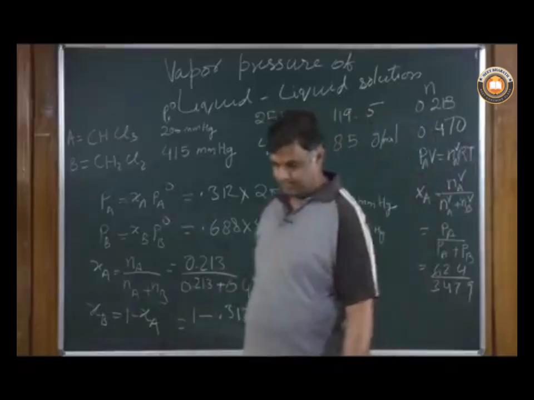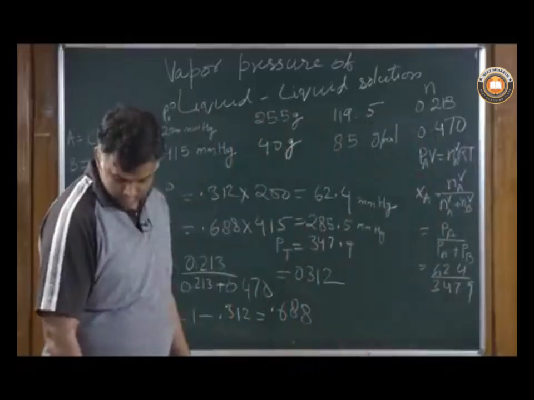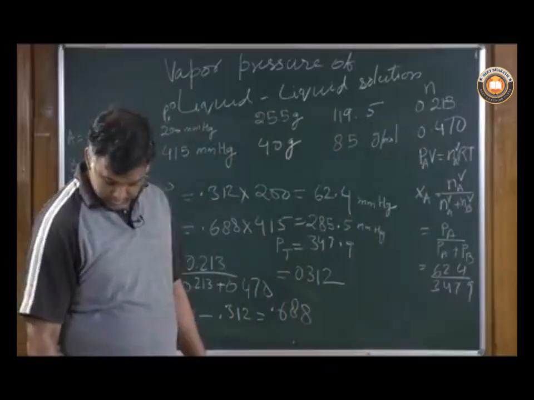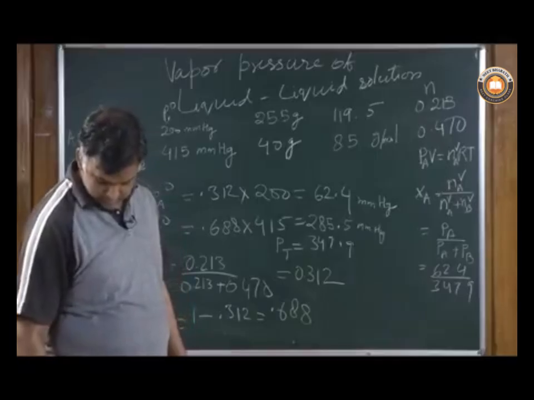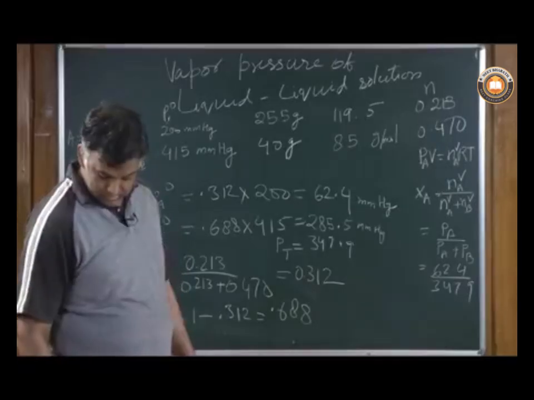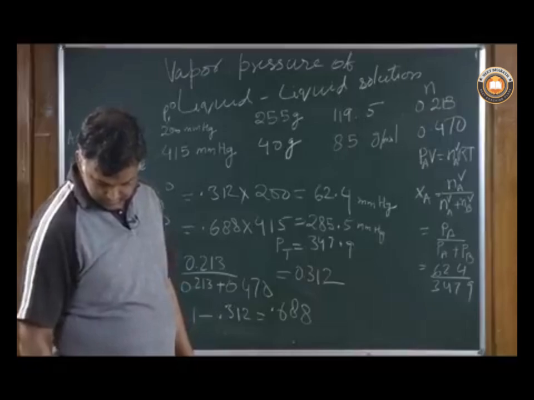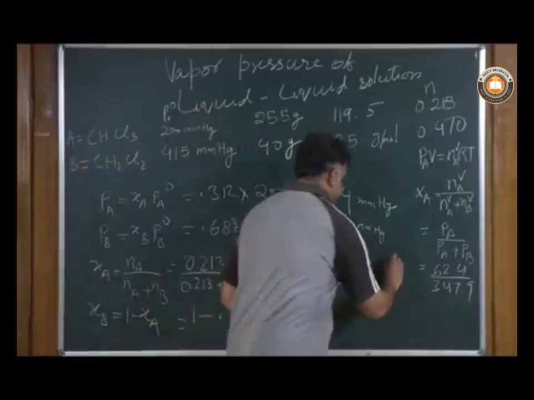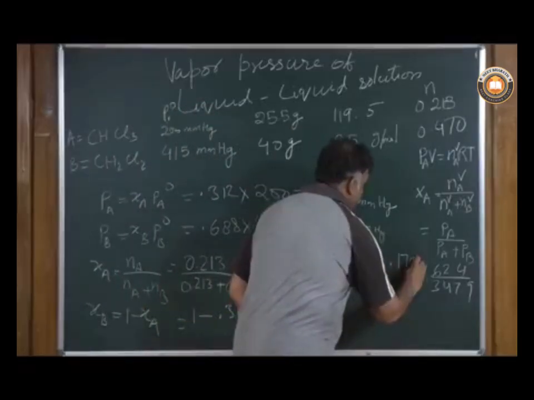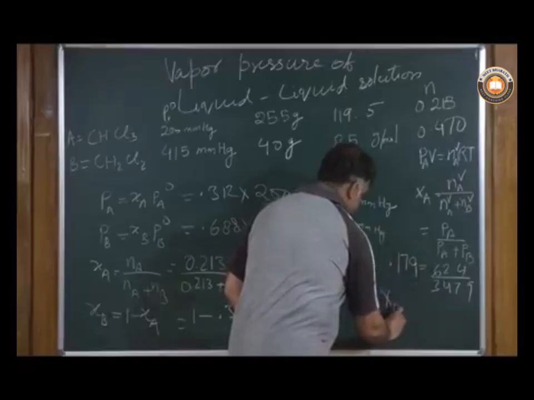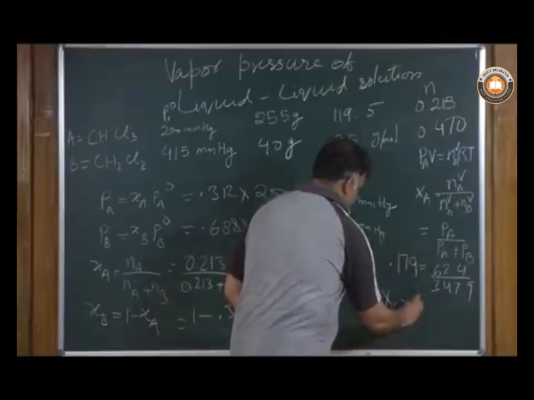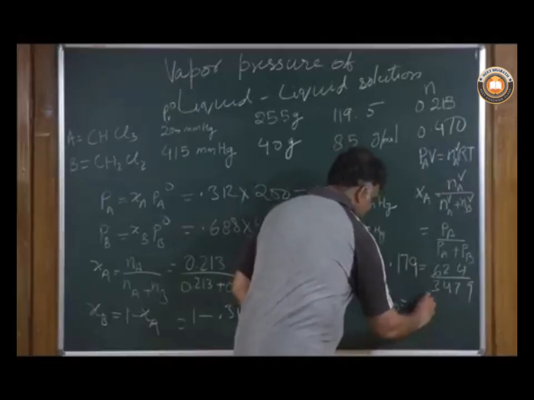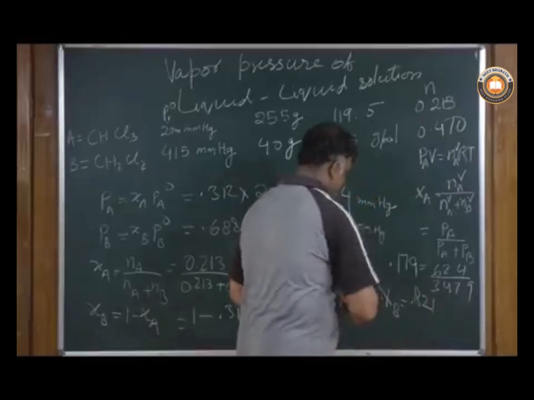So, let us see, 62.4 divided by 347.9. So, 0.179. And what about X_B? That would be 1 minus X_A. So, I get 0.821.